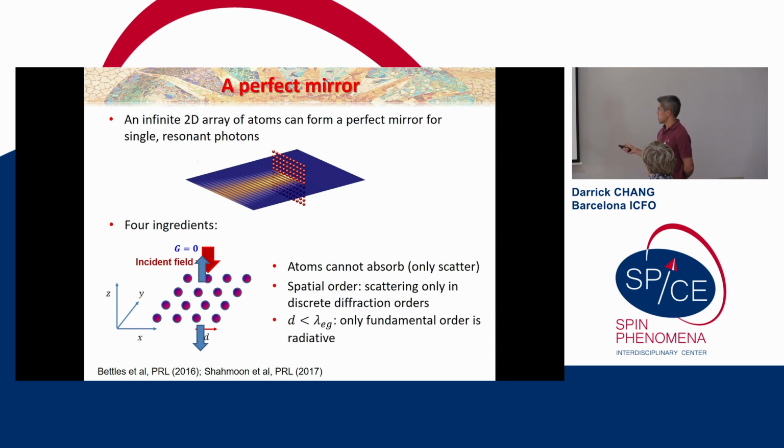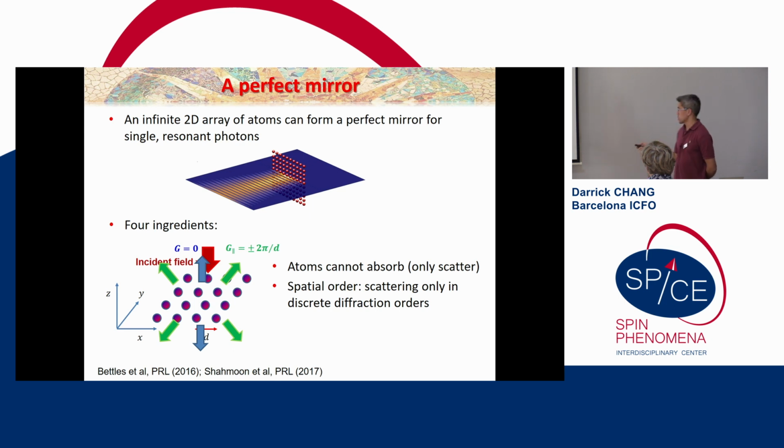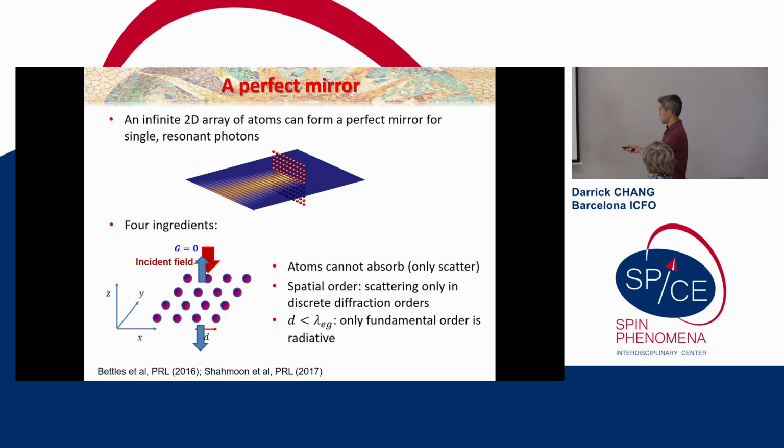The third ingredient is to realize that when you make the lattice constant smaller and smaller, the momentum associated with the first diffraction order gets bigger and bigger, because it's 2π/d. At some point, this momentum gets so large that a photon can't even accommodate it anymore, because the photon has a fixed momentum of ω/c. So once you make the lattice sufficiently small, in particular when the lattice constant is smaller than λ, it turns out that only the fundamental orders are radiative.